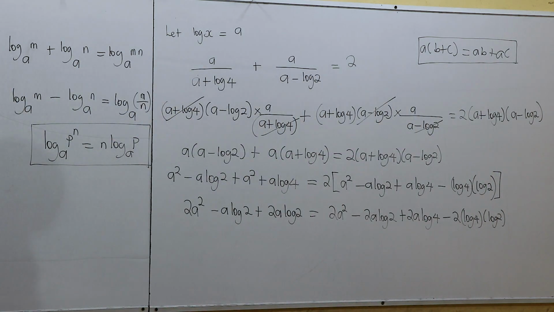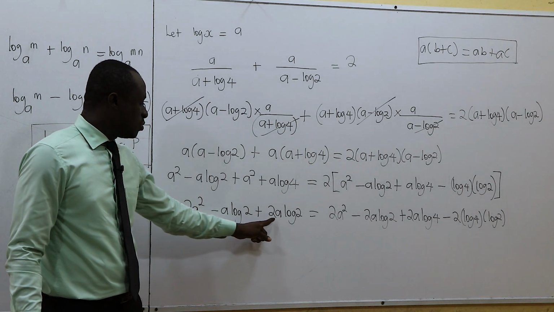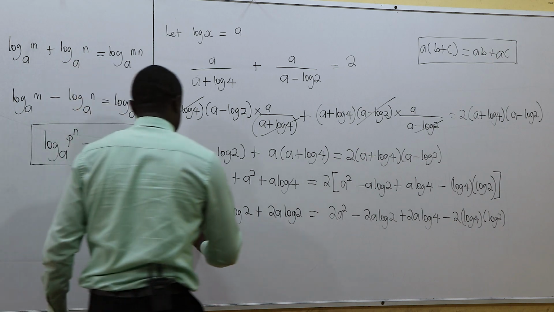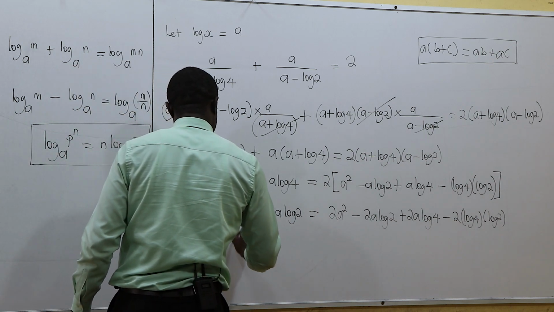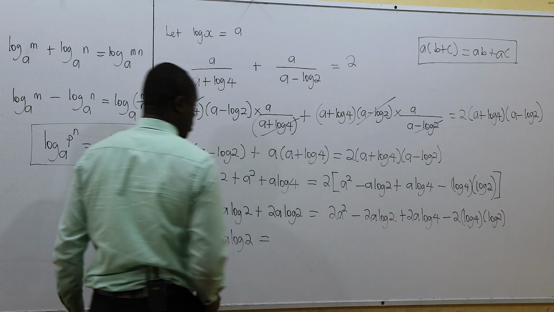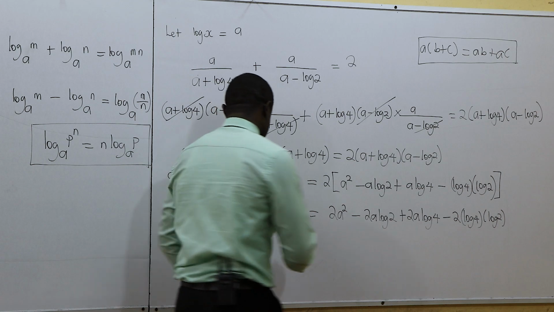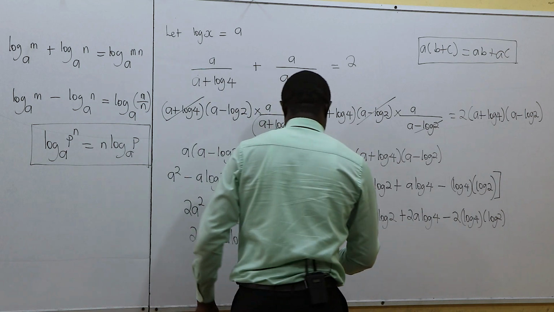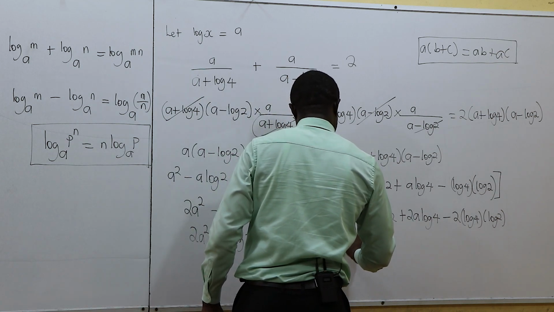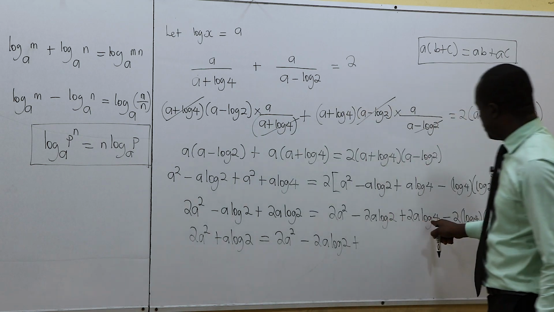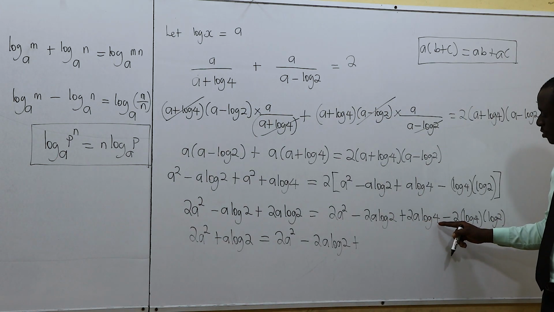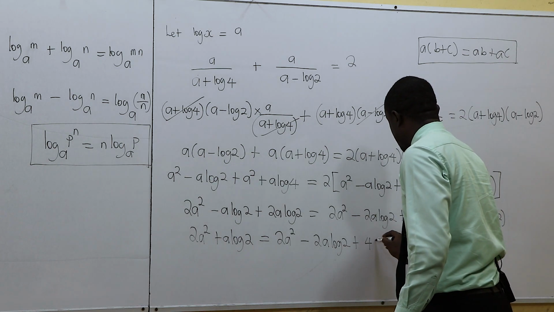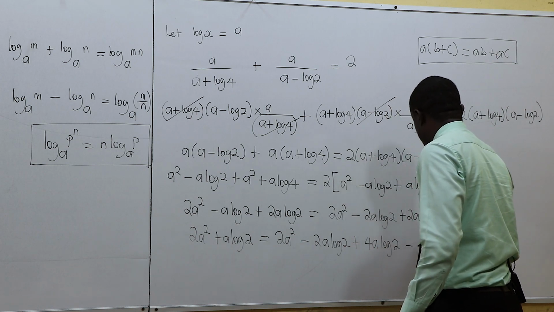Now look at this, negative a log 2, 2a log 2, so 2a minus a is a, so we have 2a squared plus a log 2, and then minus 2a log 2 plus, you see this log 4, we can change this to log 2 to the power 2. The 2 will come down, 2 times 2a, that's 4a log 2 minus 2.